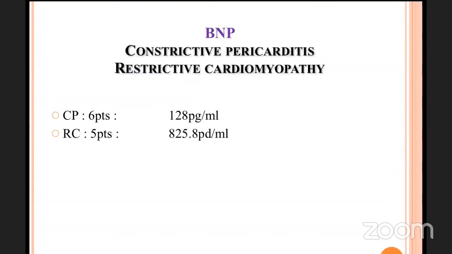The answer is probably yes, but there are a lot of lacunae. In one of the studies, the difference between constrictive pericarditis and restrictive cardiomyopathy is the wall stress. In cardiomyopathy, wall stress is increased. Since the wall stress is increased, there is increased secretion of NT-proBNP and BNP.